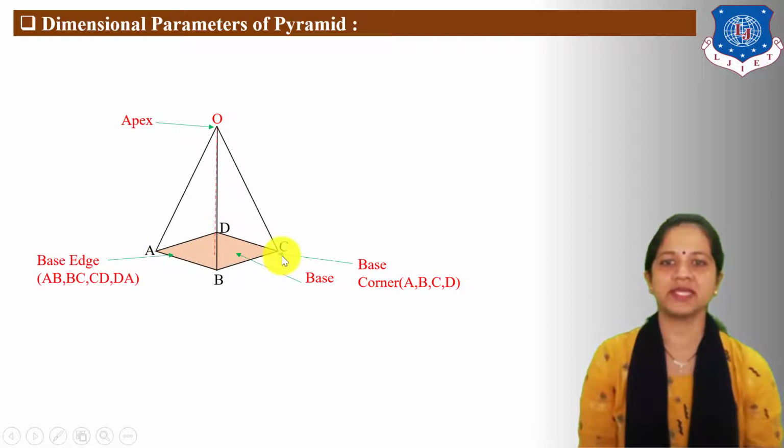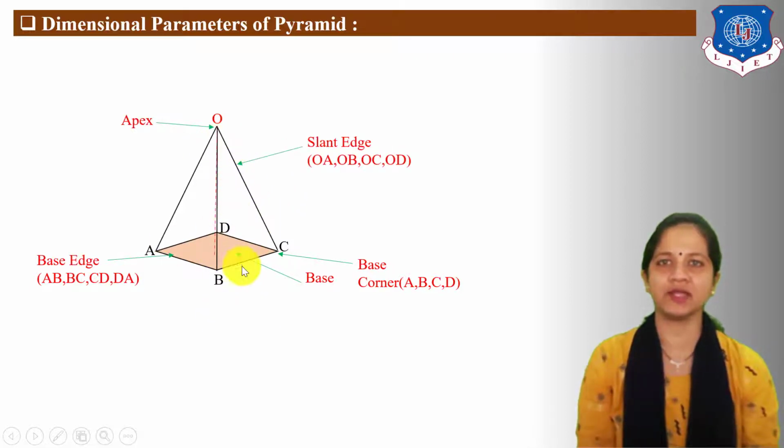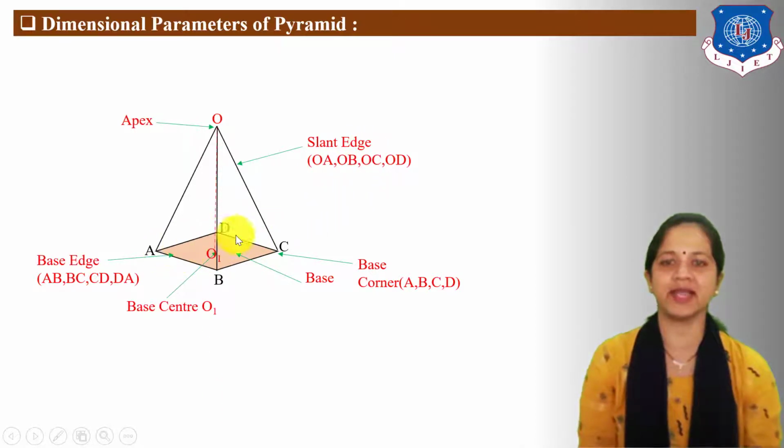Now AB, BC, CD and DA are base edges. OA, OB, OC and OD are known as slant edges. O1 indicates here the center of base. OO1 vertical line which is perpendicular to base is known as axis of the square pyramid.